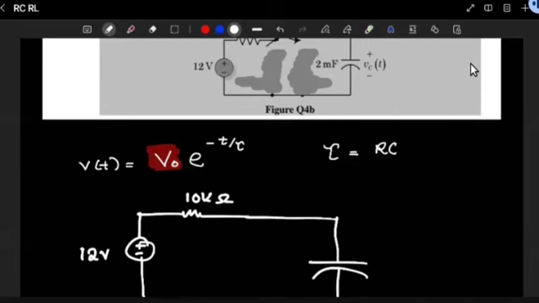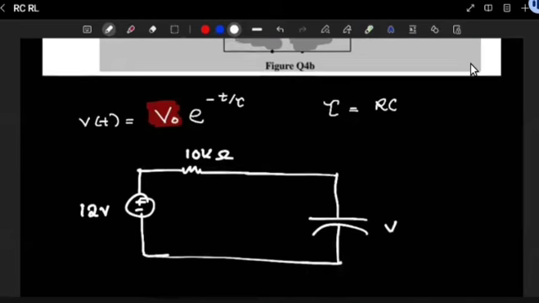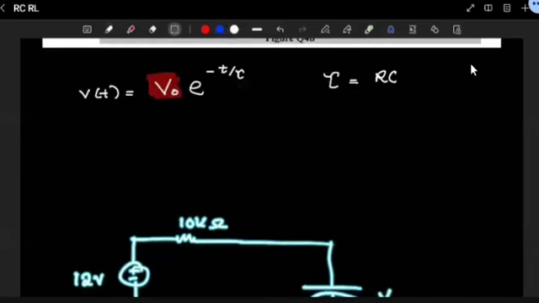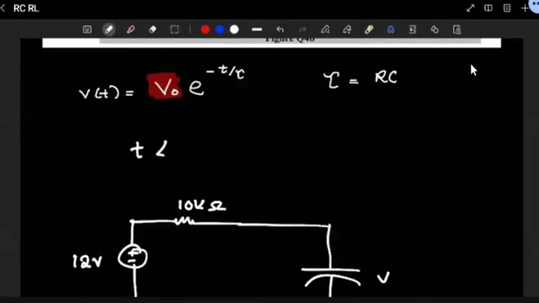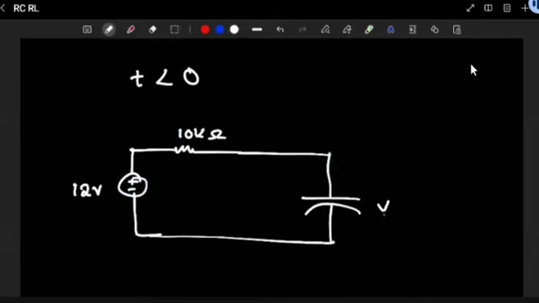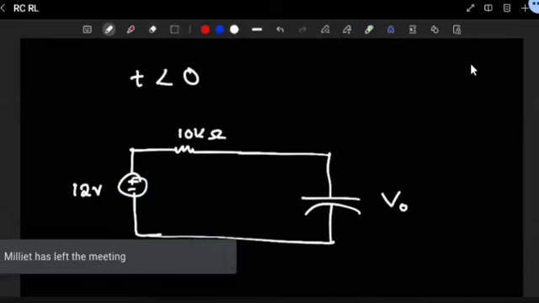So this is what we are looking at. Now, since this is for t less than 0, the V we get here as Vc is actually V for t less than 0. So it's V0.